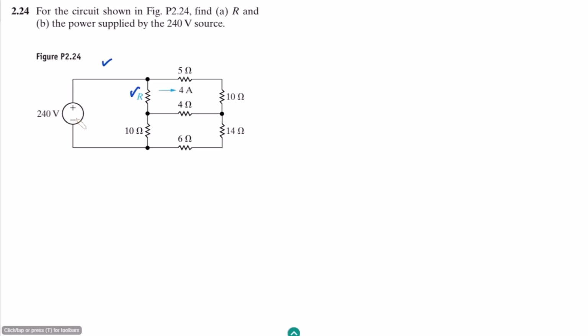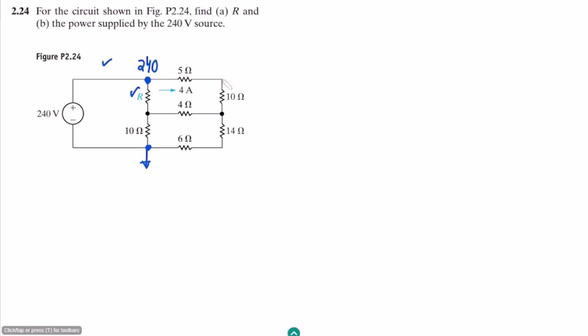So this is 24 volts, and this current which is flowing through this 5 ohm resistor is known. When this is the source voltage, we can see that it is connected at these 2 points, so the voltage between these 2 points is 250 volts. So if we consider this one at 0, this one will be 240 volts.